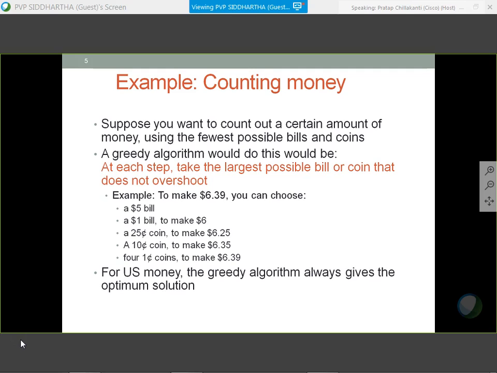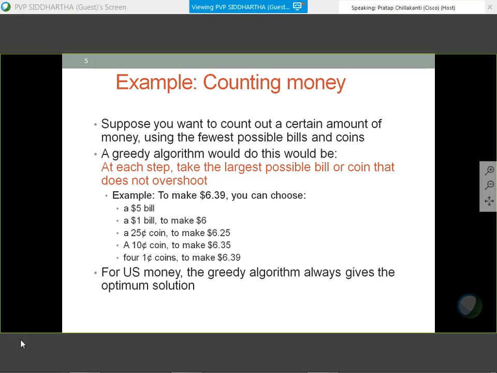To get $6.39, I know I have a 5 denomination because after 5 is 10, right? So I take 5. I can take 1. That's the second bullet, right? And 39. The coins that I have are 1, 5, 10, 25, and 50. Okay.